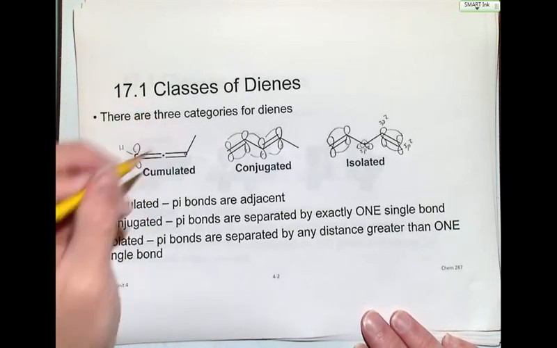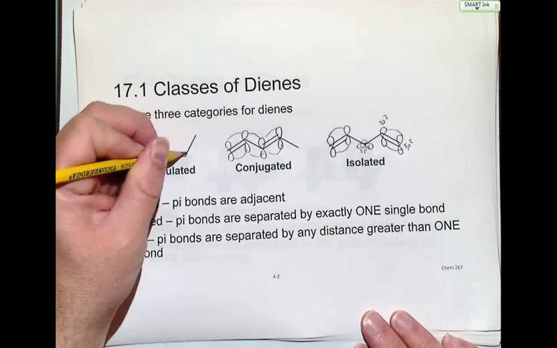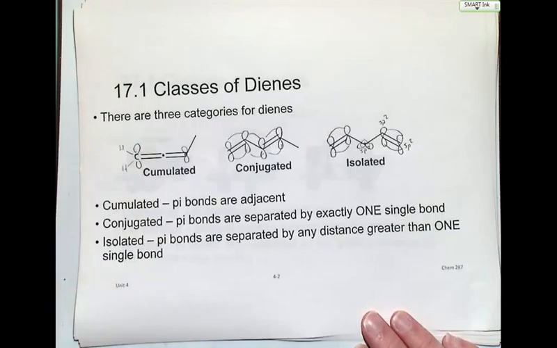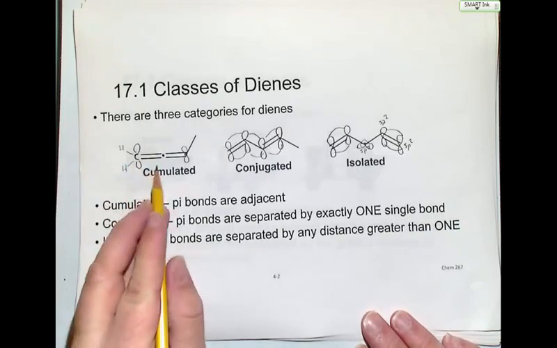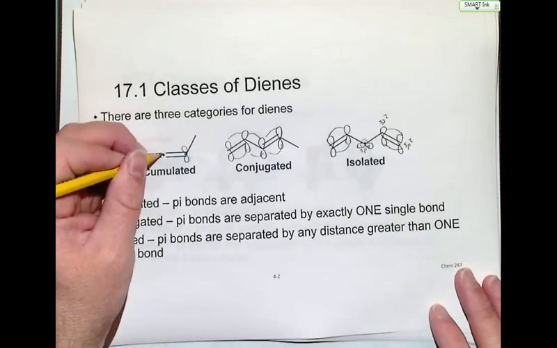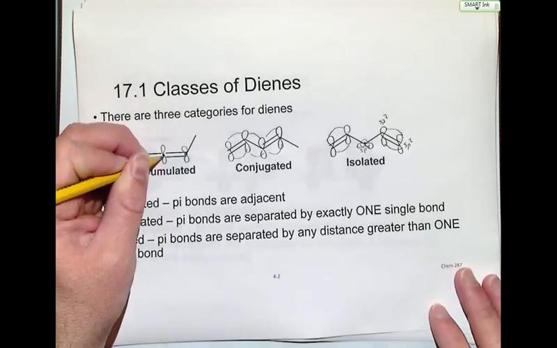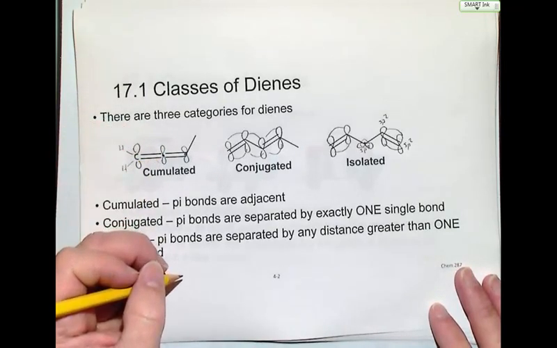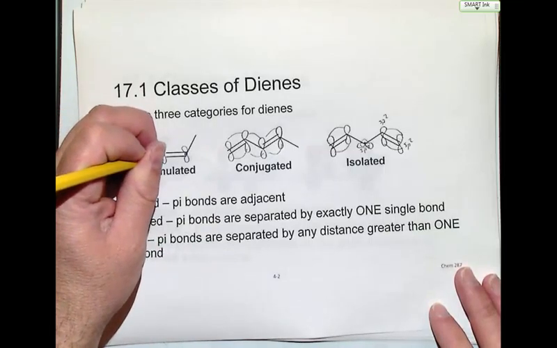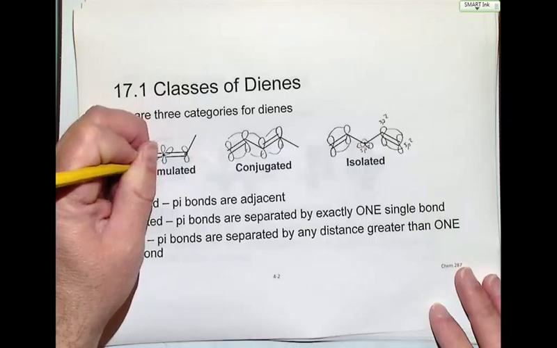And this carbon is hybridized also as sp2, so there's a p orbital. Now what's the hybridization of this carbon atom in the middle? This is an sp. So there is a p orbital that's unhybridized going like that, but there's also another p orbital like so.